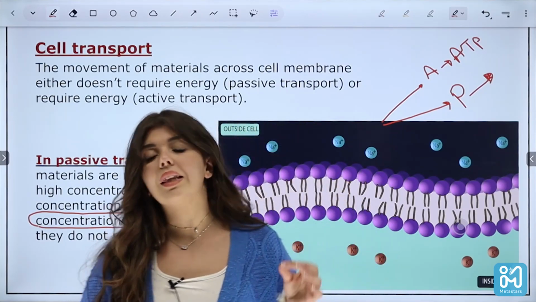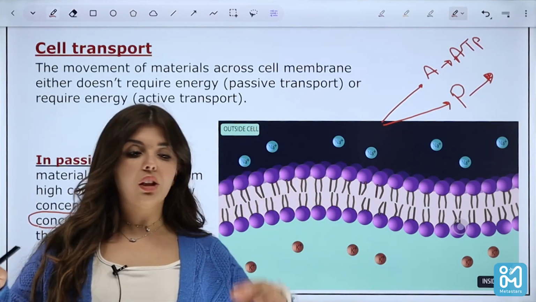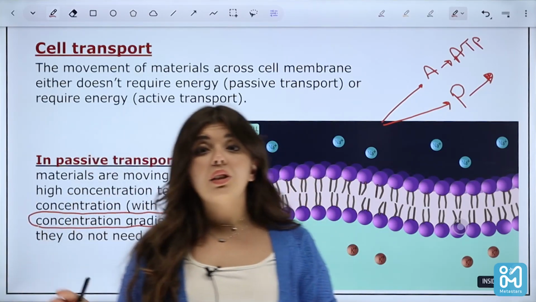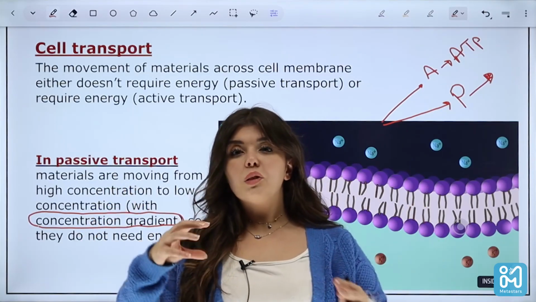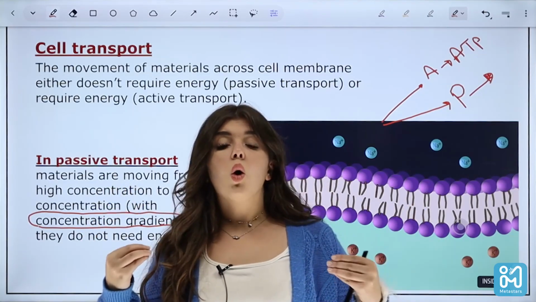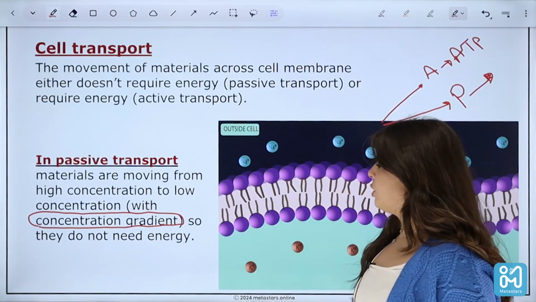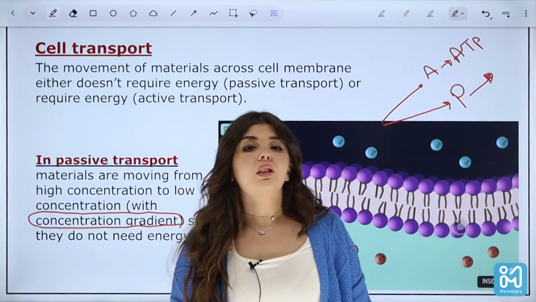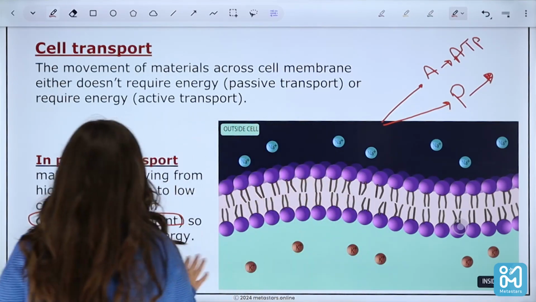So the power that lets the molecule move from outside the cell to inside the cell is the concentration gradient. It's the thing that lets the molecule move. We call this passive transport, and it doesn't need any energy to happen, okay?